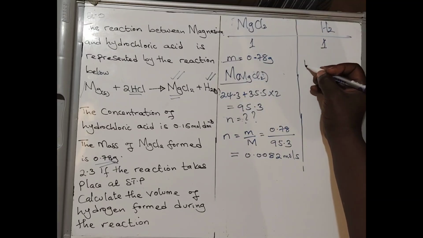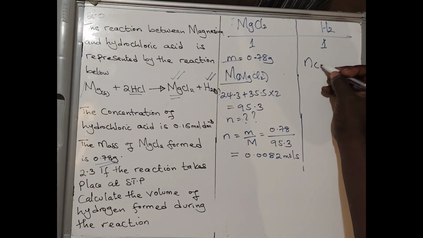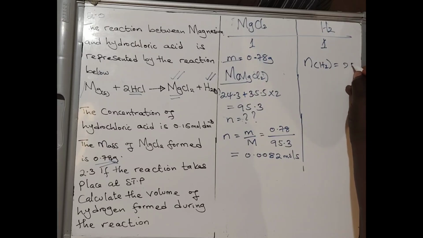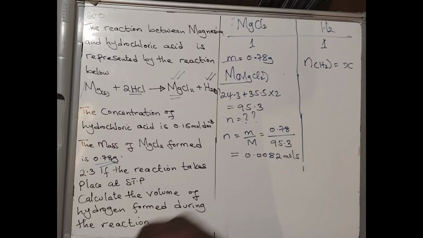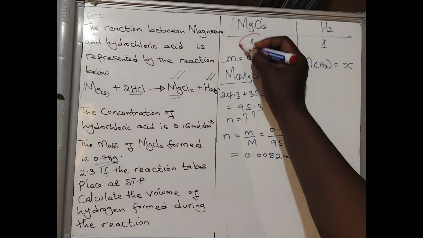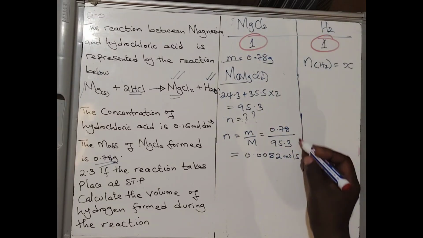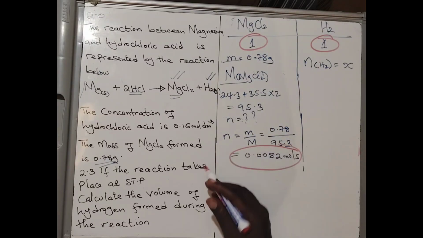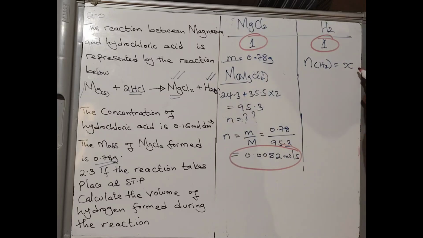And this time around, this side, what are we finding? We are looking for the number of moles of hydrogen, which we can call X. And you need to remember that if you have this, and you have this, and you have the number of moles, therefore we can easily find X. These are directly proportional ratios.